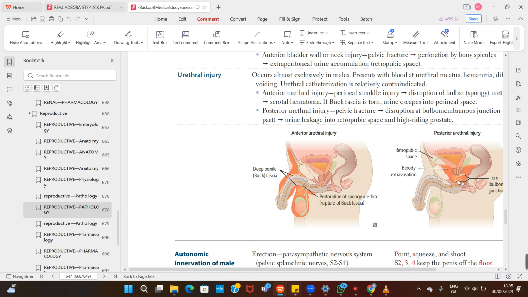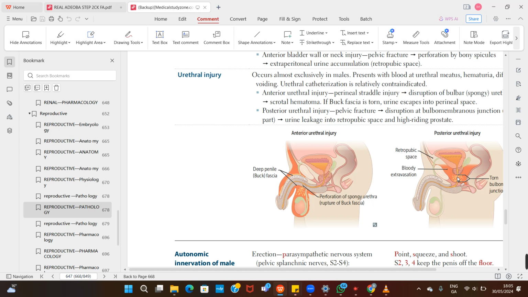So this urethra here can get torn, and immediately you have urine extravasating into the retropubic space. And what happens after you have retropubic space urine extravasation? The urine is going to be pooling up at that point and is going to start elevating the prostate and the bladder. And by the time you are doing your DRE, you can feel for a high riding prostate. So that's a sign of a posterior urethral injury.